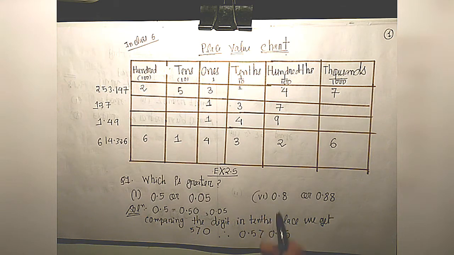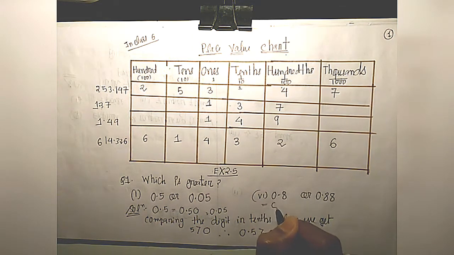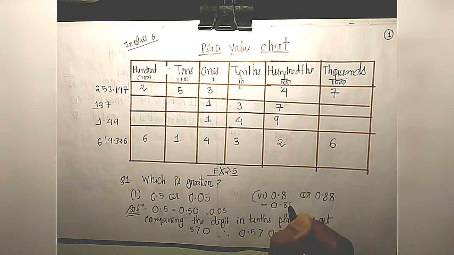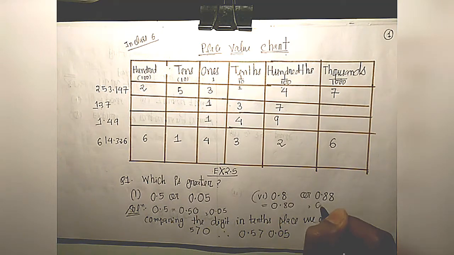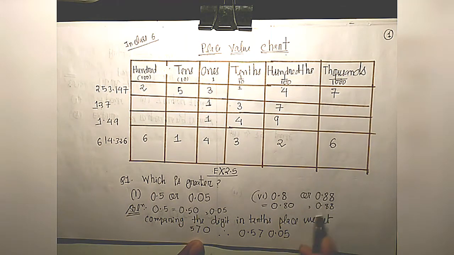Similarly, in the second question, 0.8 or 0.88. We can write 0.8 as 0.80. In this case the tenths place digit is the same, 8 and 8, so we compare the digits in the hundredths place.